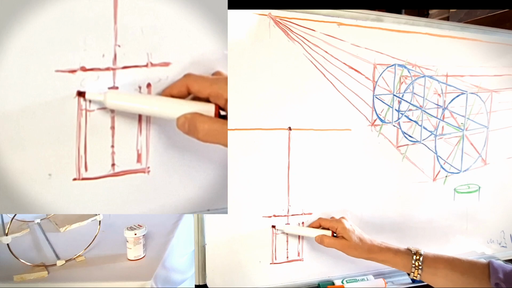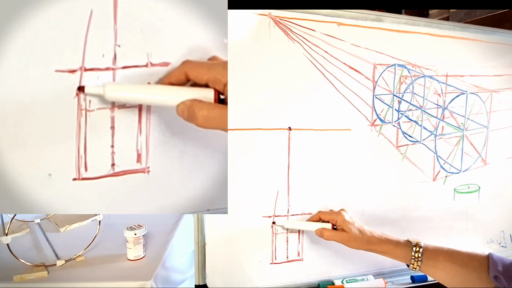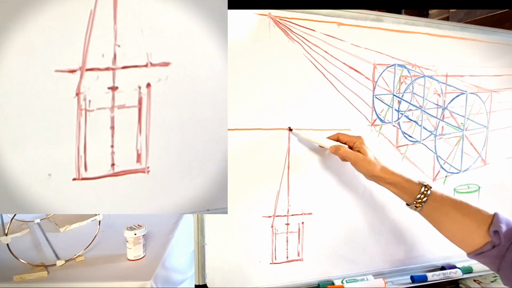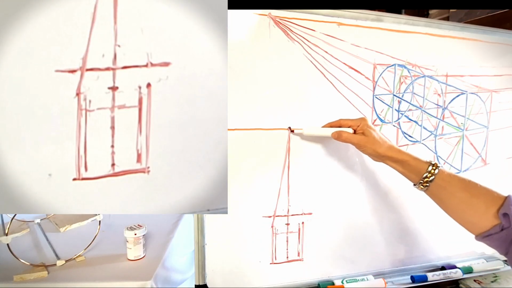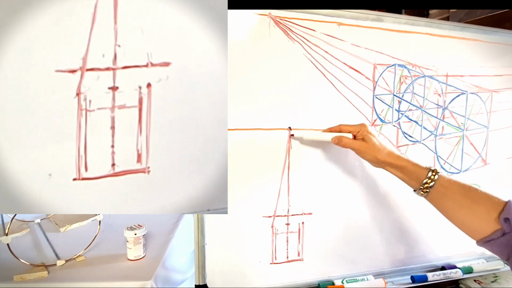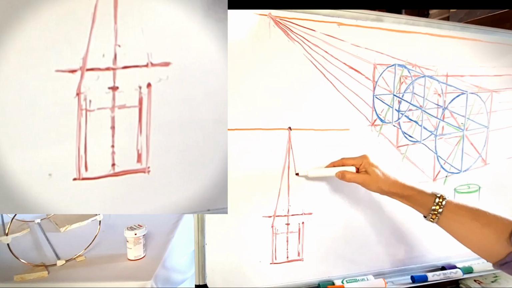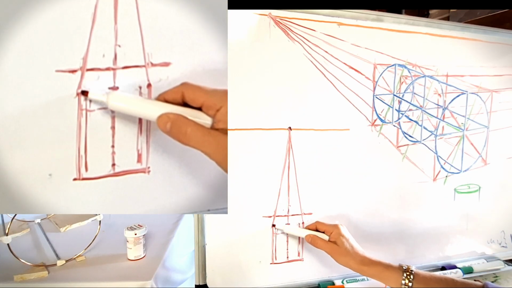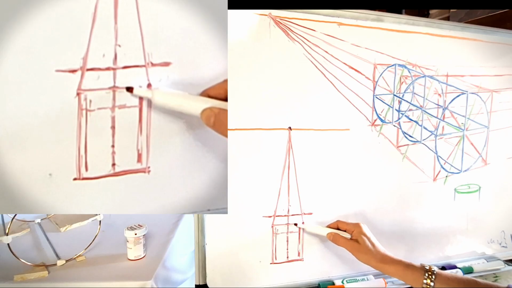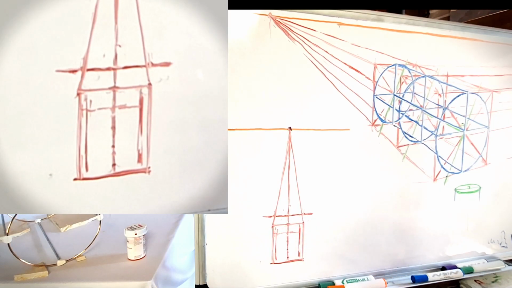And focus on how this connects to our vanishing point. Okay, more or less connected. Okay, good enough. We can now draw this front of the rectangular prism.